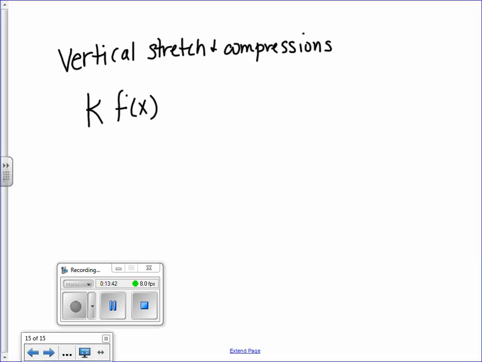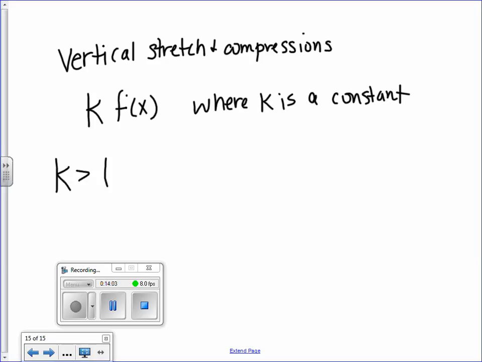You have k times f of x, where k is a constant. That's how you get a vertical stretch or compression. If k is greater than 1, then it's stretched.